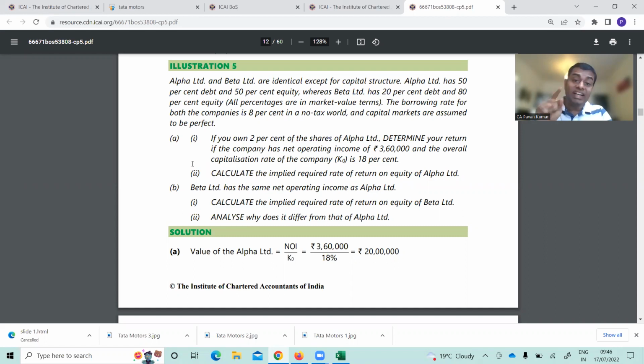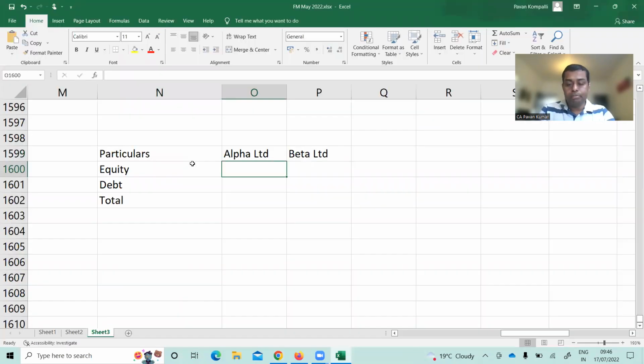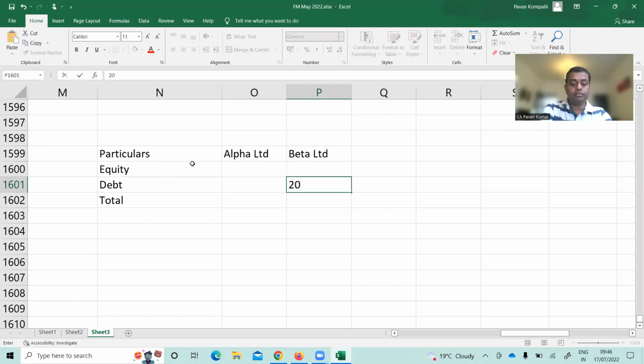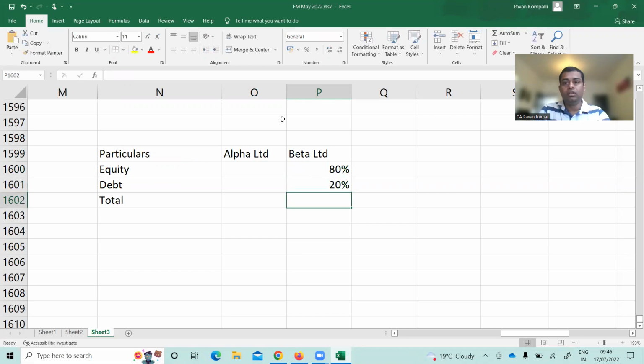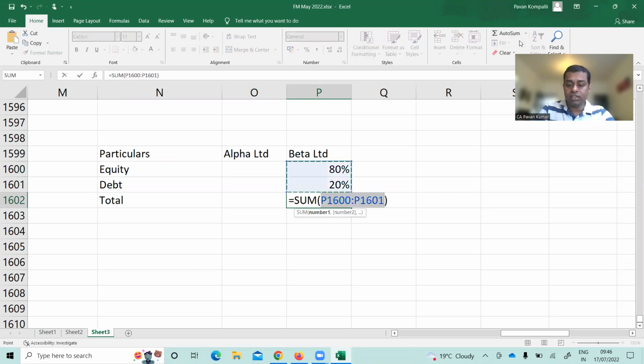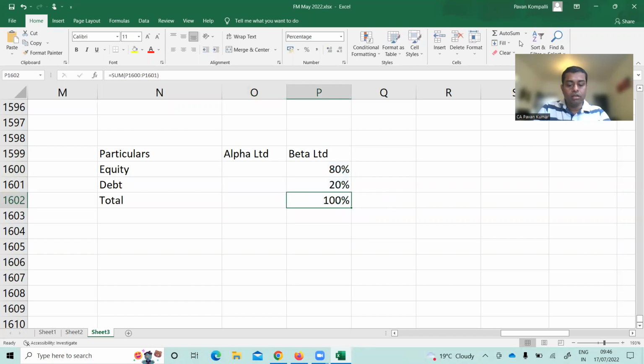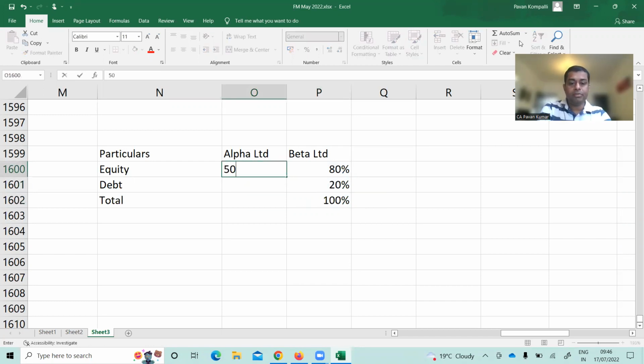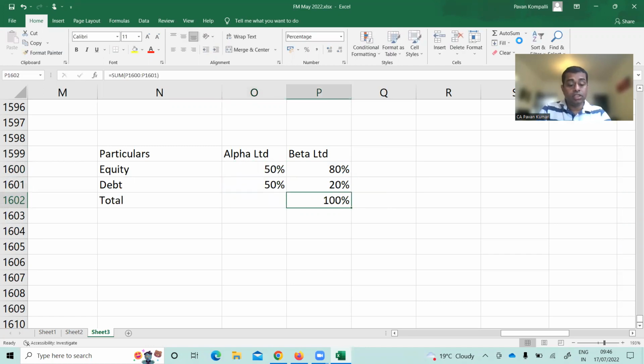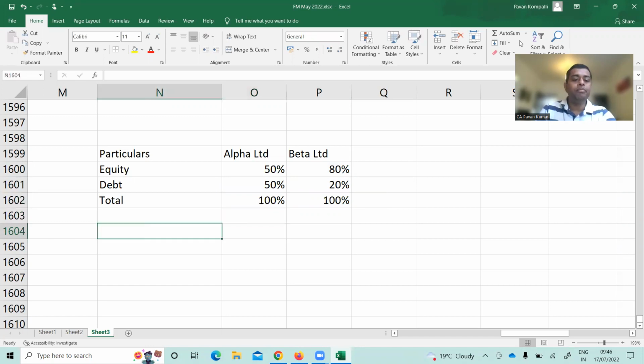Beta has debt of 20%, and equity is obviously 80%, so the total is 100. And when it comes to Alpha, it is 50% debt and another 50% equity, which is obviously 100%. So this is the data given.